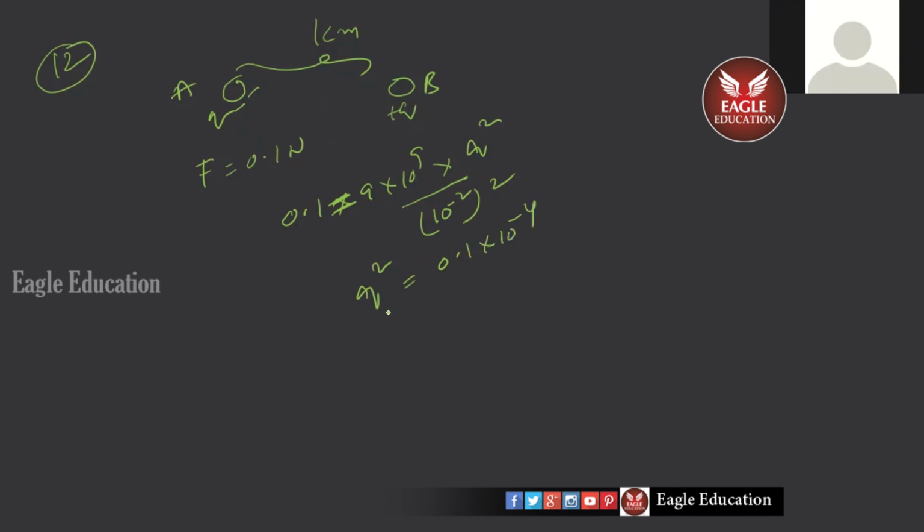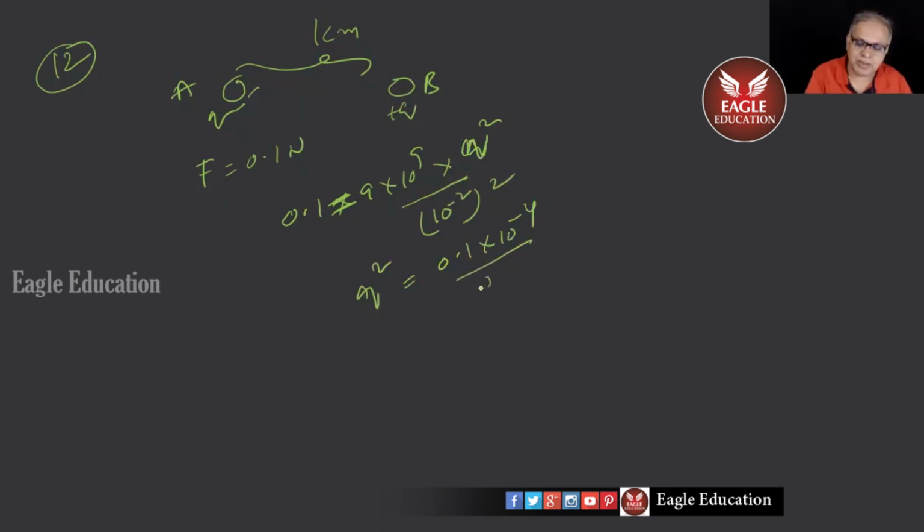I'm not taking the electron yet, I'm taking the charge on the spheres. Electron is a single charge; there are many electrons on that. We don't know, so all that charge we thought of as Q. So Q square equals 0.1 into 10 to the power minus 4 by 9 into 10 to the power 9, so you'll get a value for Q. Now, you know very well, 6.25 into 10 to the power 18 electrons make 1 coulomb. So Q coulomb will be how many electrons?